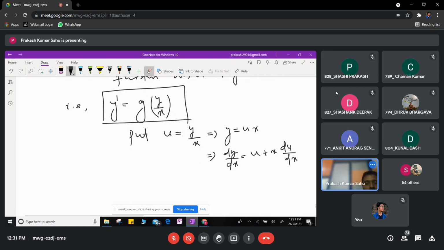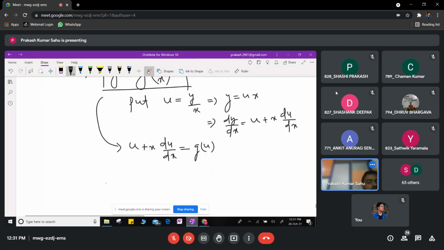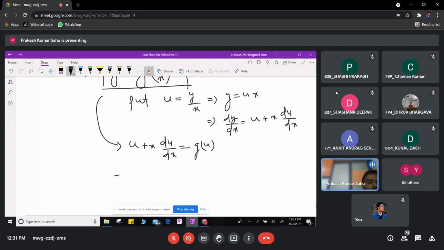Okay. Now this differential equation is reduced to u plus x du by dx is equal to g of u, because y by x is equal to u.